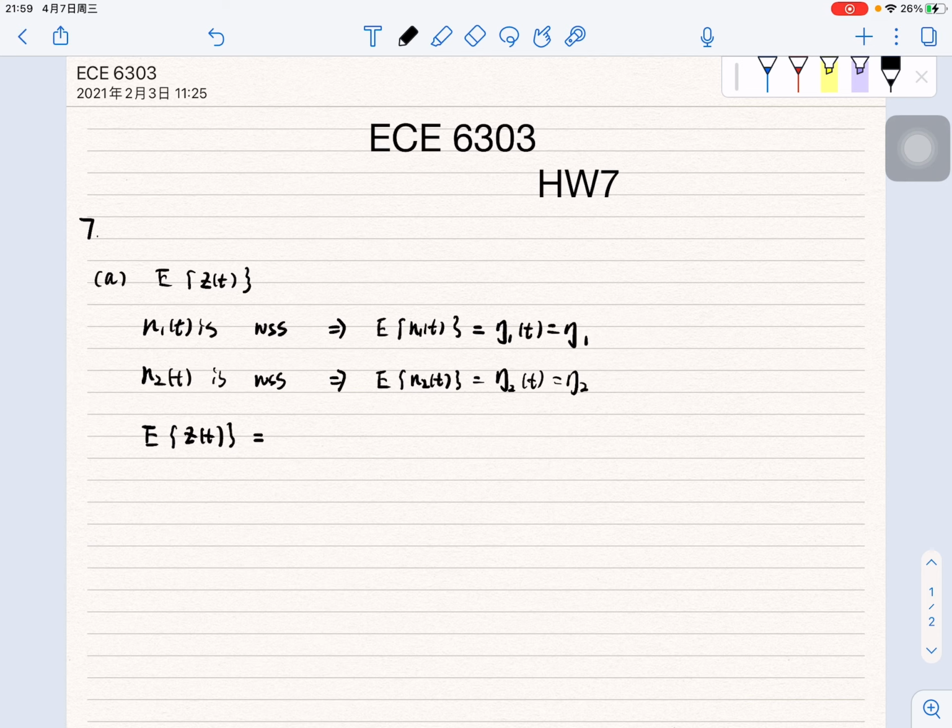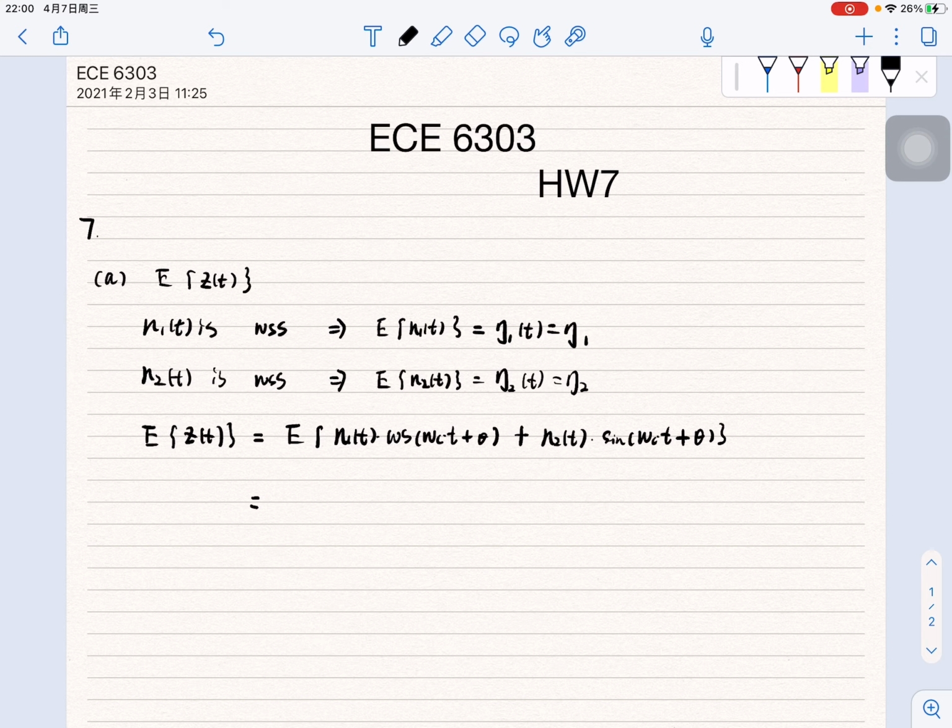A equals the expectation of n1 multiplied by cosine omega c t plus theta, plus n2 multiplied by sine omega c t plus theta.